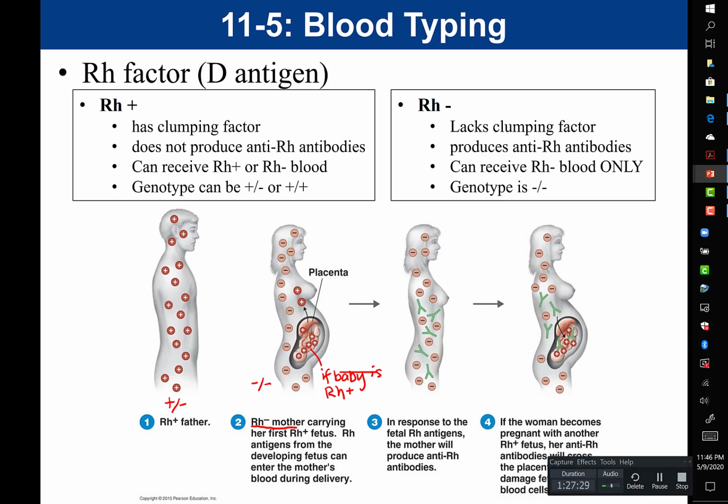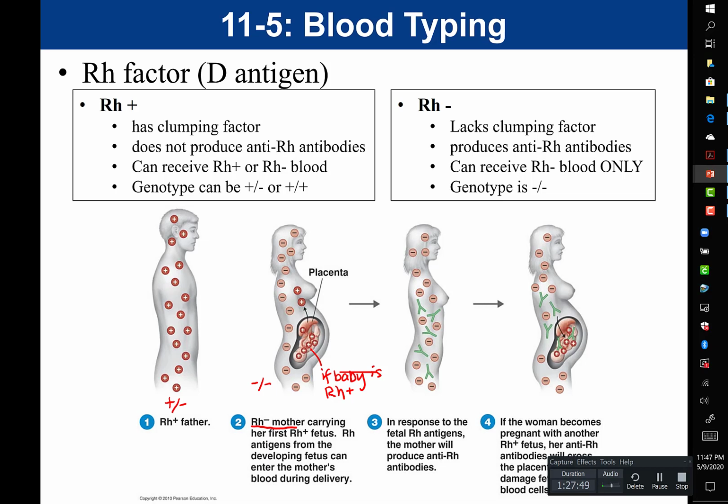However, when delivery occurs, when mom goes to deliver the baby, the placenta is going to separate from the uterus, and mom's blood and baby's blood commingle.